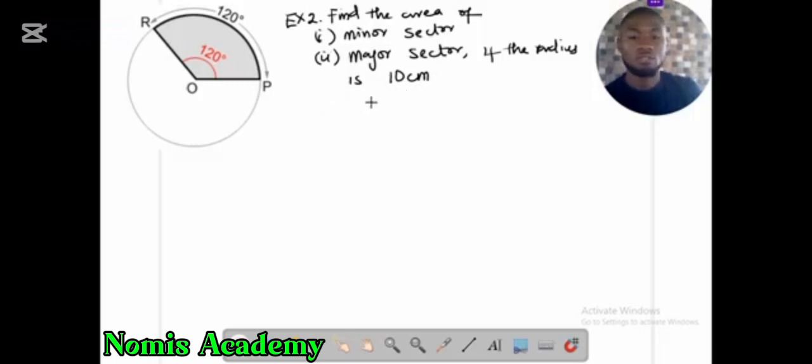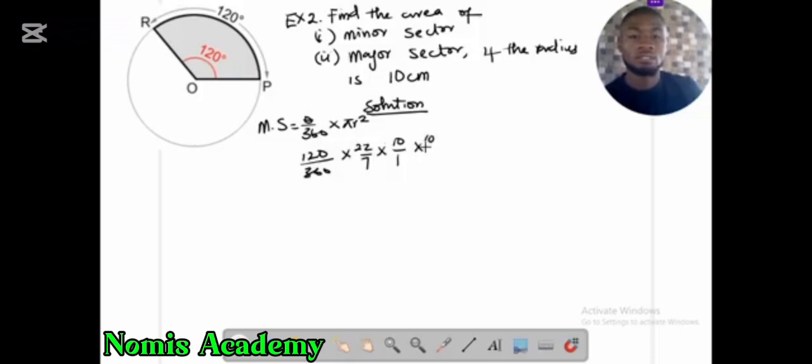So let's go into the solution. So let us solve the minor sector at this side. The minor sector is equal to theta over 360 multiplied by pi r squared. So for the minor sector we have 120 over 360, now multiply by 22 over 7, multiply by 10 centimeter, multiply by another 10 centimeter.